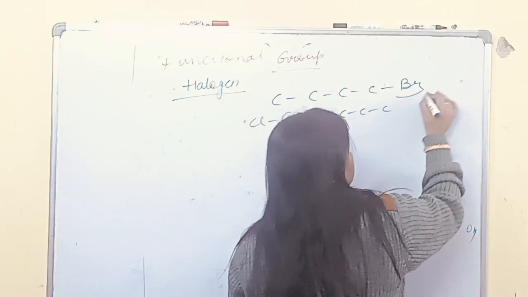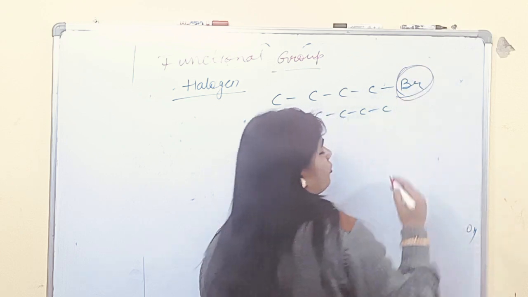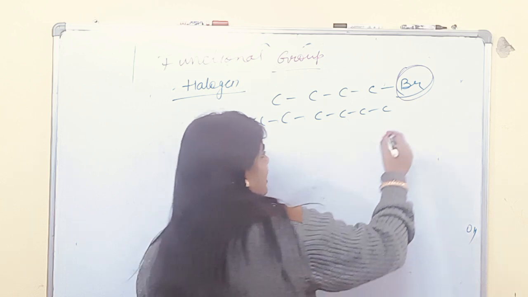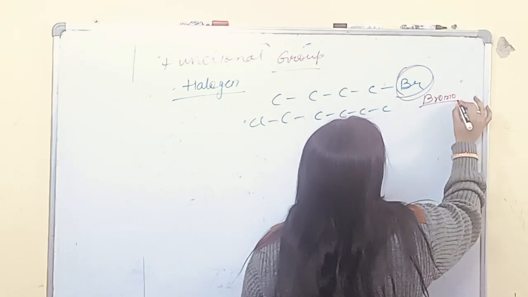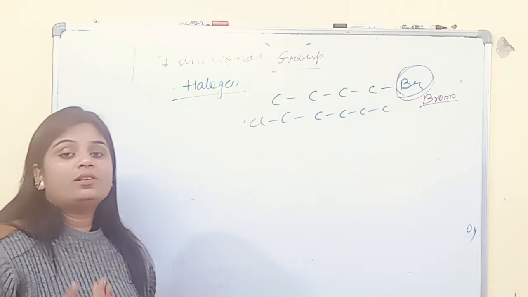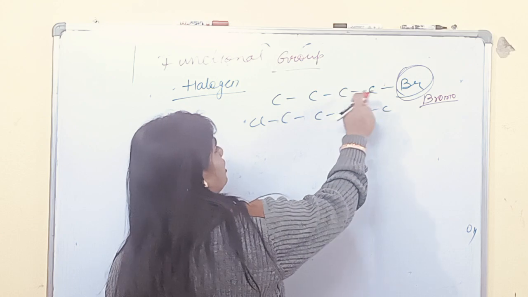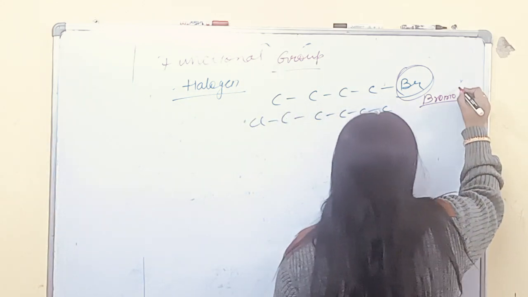We will be writing the name of the halogen group as a prefix, like bromo for bromine. And how many carbons there are is the suffix. 4 carbons means bromobutane.